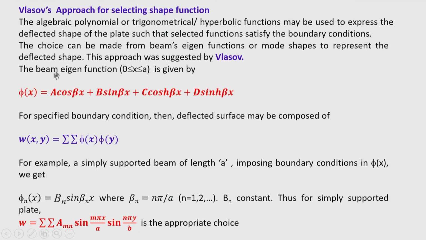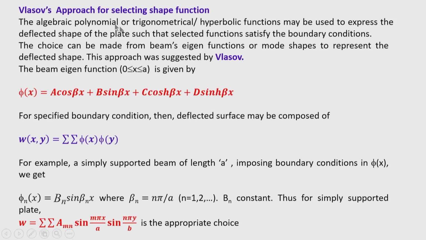Then eigenfunctions of buckling of a column can also be used. Okay. Now, the eigenfunction method used in choosing the deflected shape of the plate in formulating the problem using Rayleigh's method was first proposed by Vlasov.